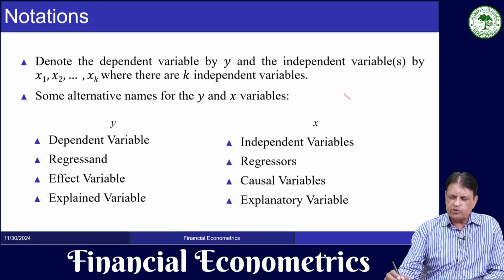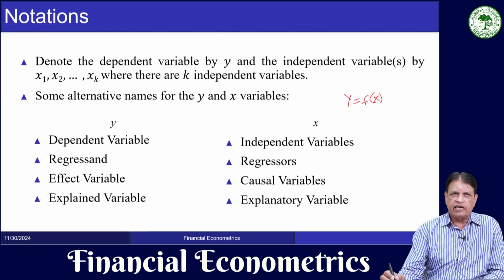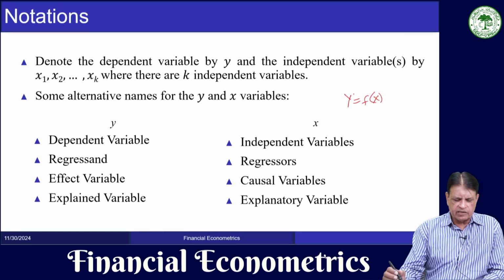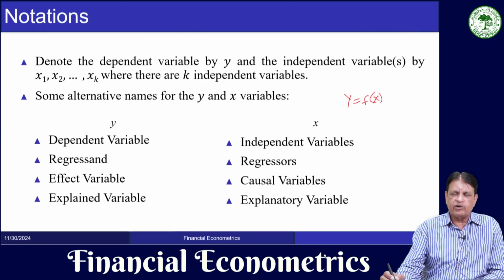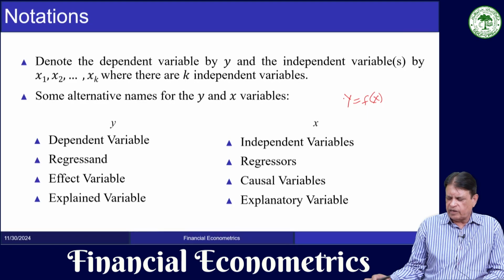We have already told you that, for example, if you write y is a function of x, then x causes change in y, but y does not cause change in x. So x is a causal variable and y is the effect variable, which is going to be affected by this. Then the dependent variable is the explained variable, and the independent variable is called the explanatory variable. That is, the independent variable is the explanatory variable, and it is explaining the values of the dependent variable.